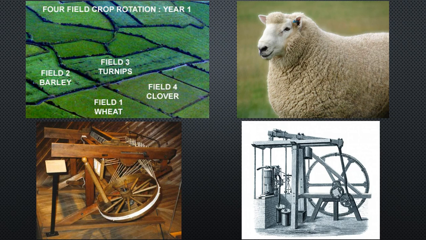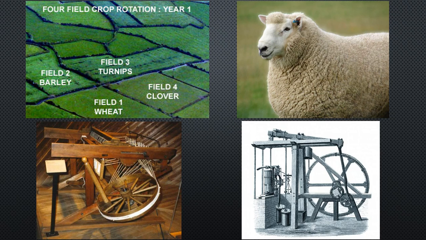So, between the Enclosure Acts and the adaptation of steam to textiles, we see that many people could no longer make a living the way their families had for, like I said, generations upon generations. Some of these people would emigrate to the United States or the colonies or Australia. But many others would find new opportunities closer to where they were traditionally from, in growing towns and cities.